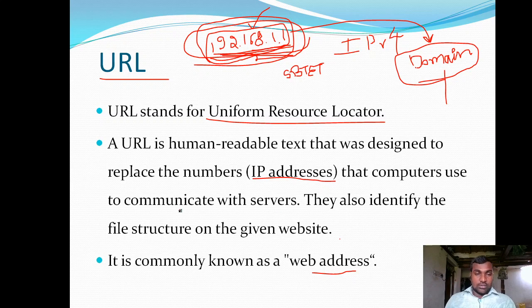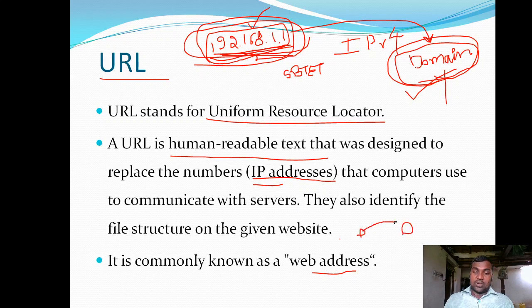Okay, so now a URL is a human readable text. This is the URL, something which is related to URL. It was designed to replace the numbers that computers use to communicate with the server. One computer can communicate with another computer with the help of IP addresses and port numbers, etc. So it is not easy to remember what port they are using and what IP address they are using every time.